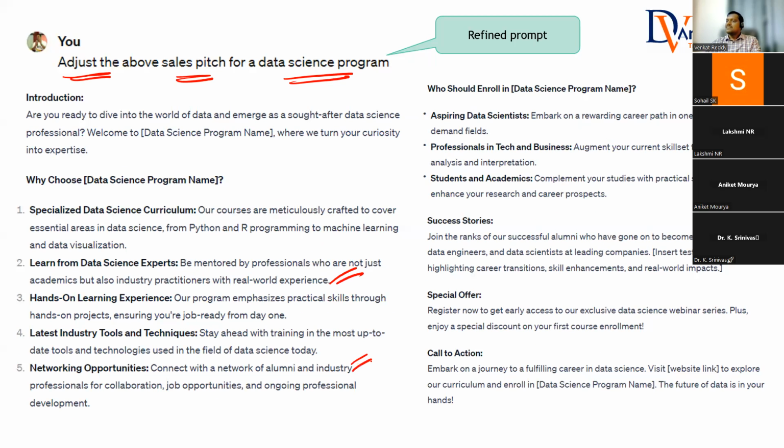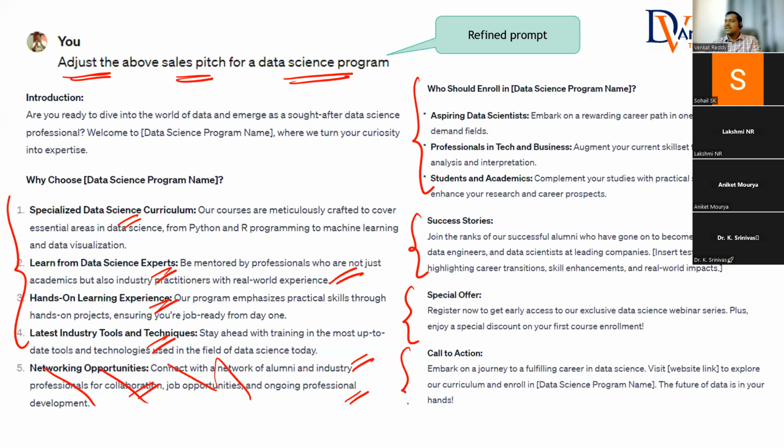Then this is the sales page. You talk about specialized data science curriculum, learn data science from experts, hands-on learning, industry tools and techniques, networking opportunities. These 4 points are spot on. And then share about success stories, and then whom should enroll, what is the special offer that we have, call to action, etc.